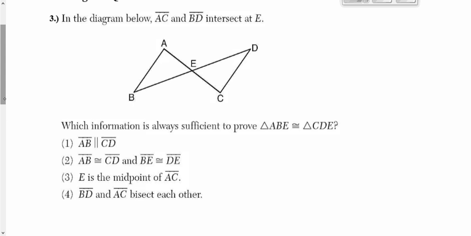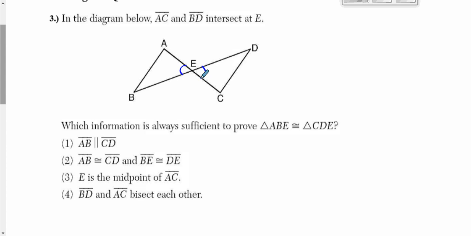All right, read this over. By the way, before we apply any of this and put it in the diagram, is there something in this diagram that's always going to be congruent, whether they give it to you or not? Yeah, vertical angles are always congruent, right? So we can start with that and then apply the other thing to see if it works.